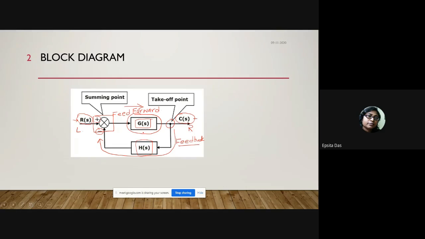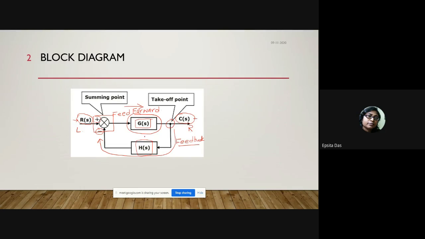At the end of a feedback path there must be a summing point or summer where this signal will be added or subtracted. So this is a feedback path.